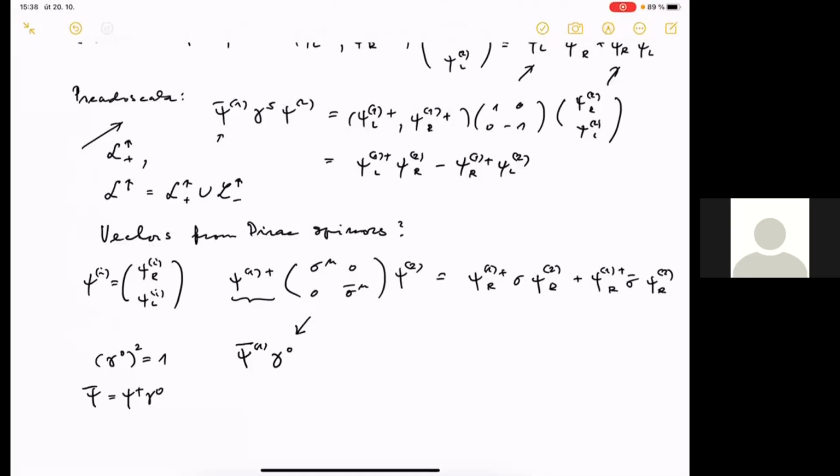And again, we get here sigma mu 0, 0, sigma bar mu times psi 2. If we calculate this, I remind you that this gamma 0 is just a block permutation matrix. So we obtain the following.